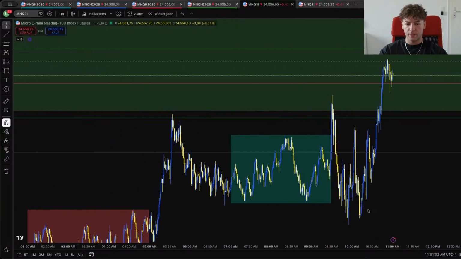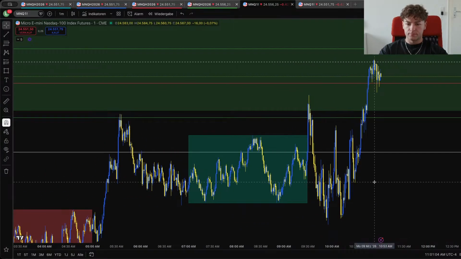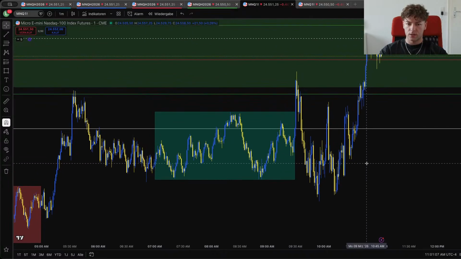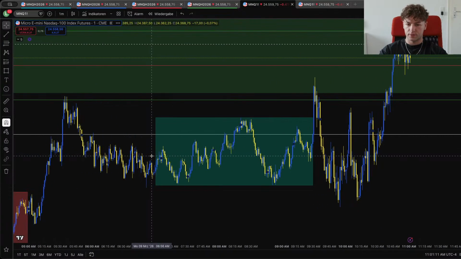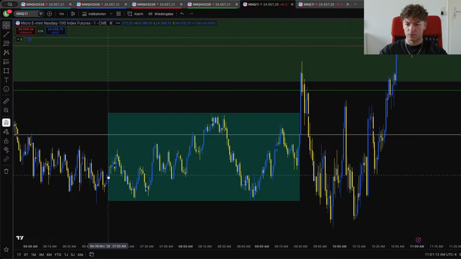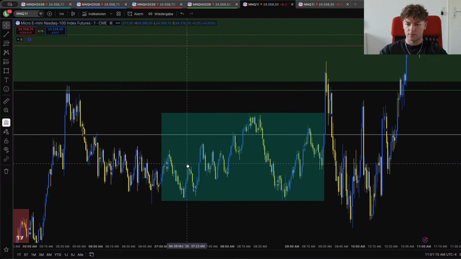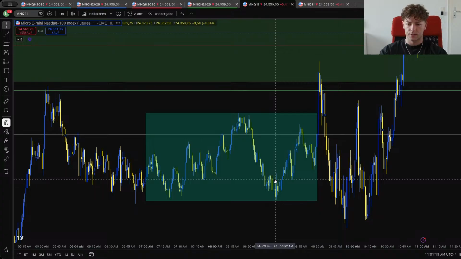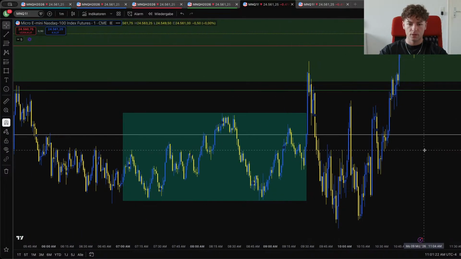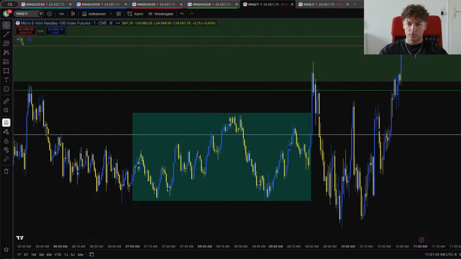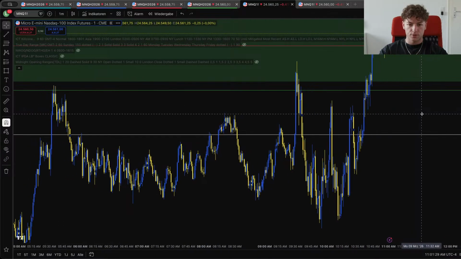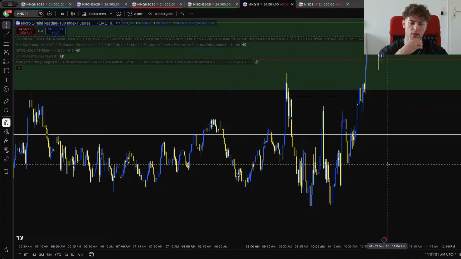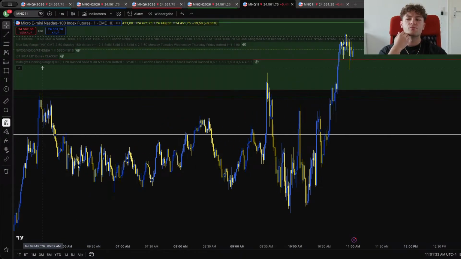Okay, now it's 11 a.m. Pre-market, London and London opening was kind of consolidation. We just shared the same range more or less, as you can see here. Not too much happened during London, so it's difficult to say what lunch macro is going to do.